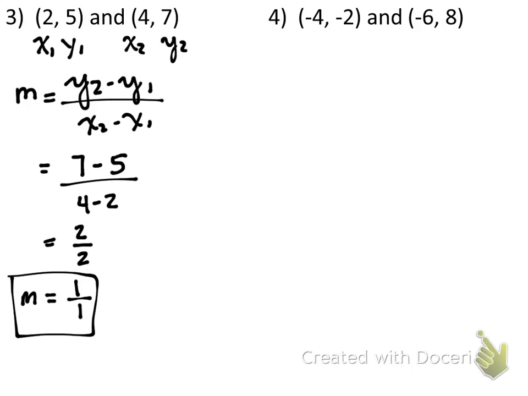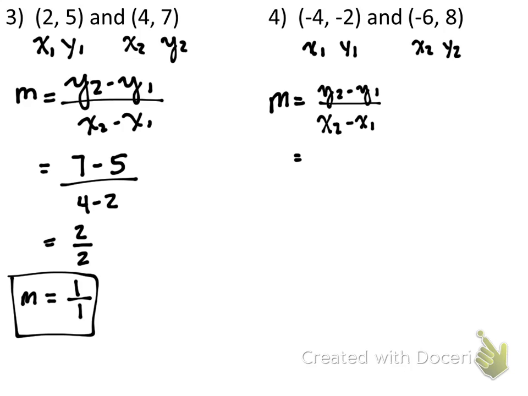On this example, you have x1, y1, x2, y2. Start with your formula, so m is equal to y2 minus y1 over x2 minus x1. Inputting your numbers, we have 8.